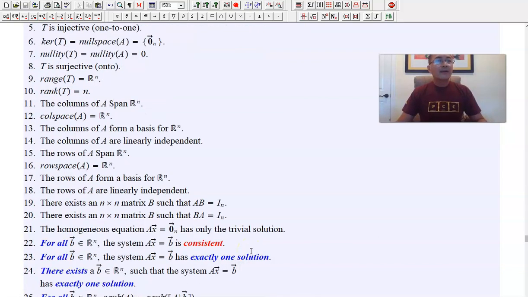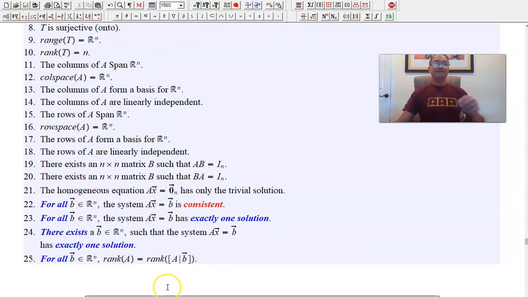So we have a few more. The last 5 conditions are basically about systems of equations. Number 21 is about a homogeneous system of equations. It has only the trivial solution.